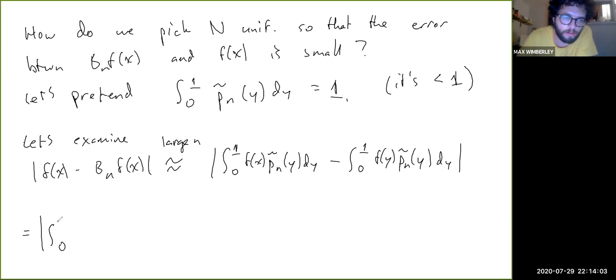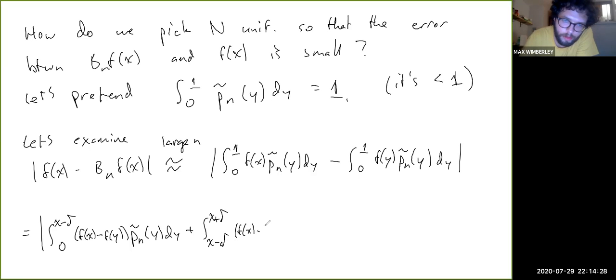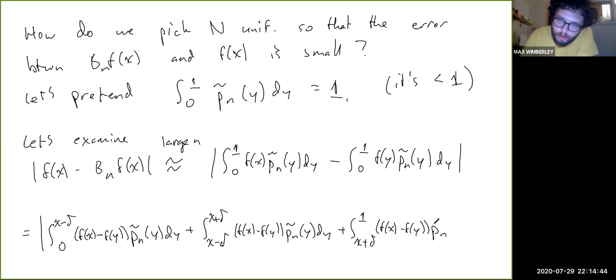So I have the integral from 0 to x minus delta of f of x minus f of y pn tilde of y dy, plus the integral from x minus delta to x plus delta of f of x minus f of y pn tilde of y dy, plus the integral from x plus delta to 1 of f of x minus f of y pn tilde of y dy.